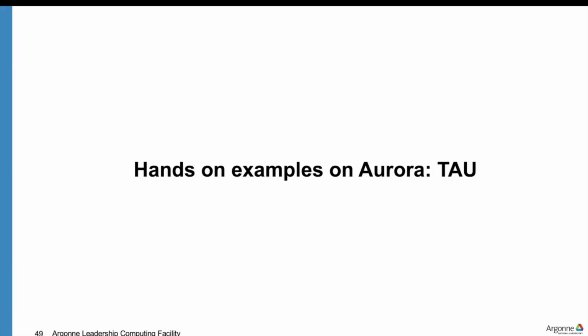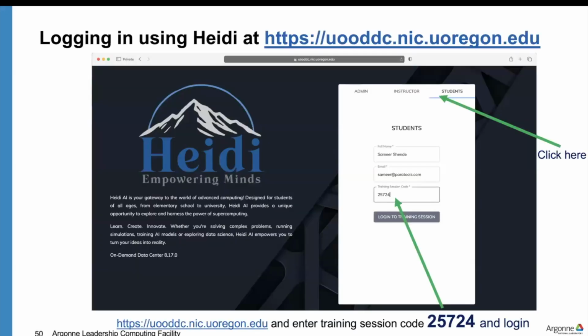Now, whenever we want to show GUI tools, you can use SSH -Y and connect to it, but it can be painfully slow over Wi-Fi and rendering it on your own system. So we have set up a remote desktop system. And this is loaded at uooddc.nic.uoregon.edu.